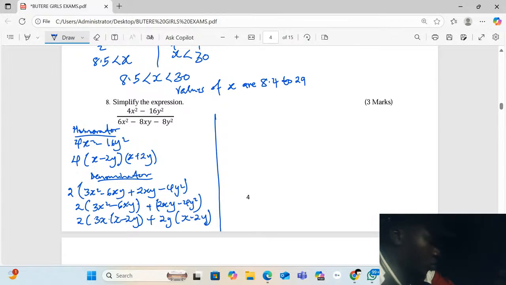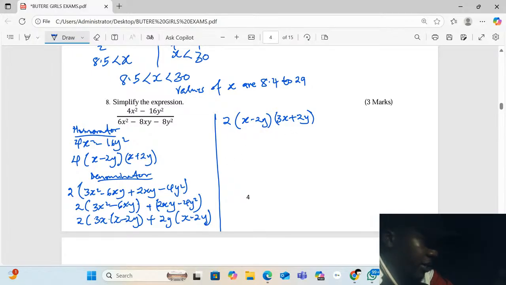So having 2, we still have 2. So 2 goes into x minus 2y, then 3x plus 2y. That way. Now, this is our denominator.